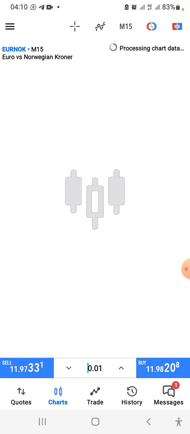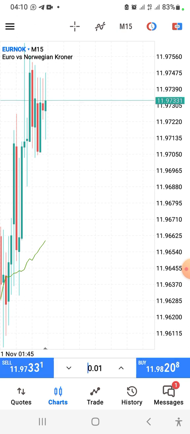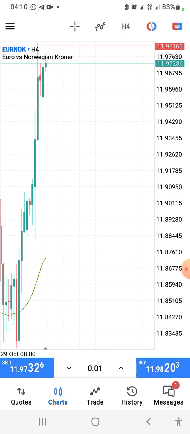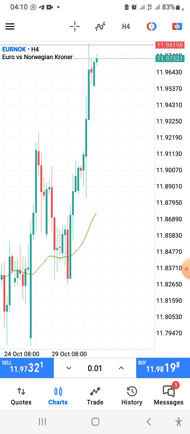Let's look at this. All these are factors. You can see this particular pair, you can see how wide the spread is. So it slows the movement of that particular instrument. That pair will also impact your profit or loss. So volatility plays a great role.